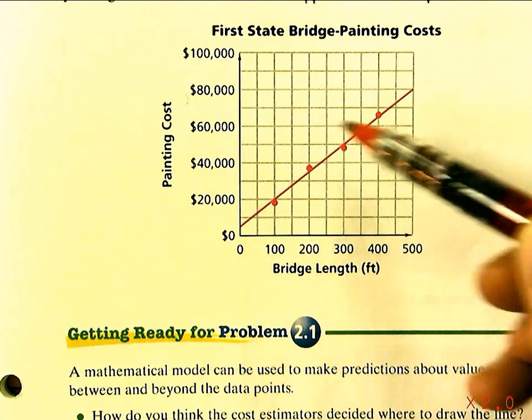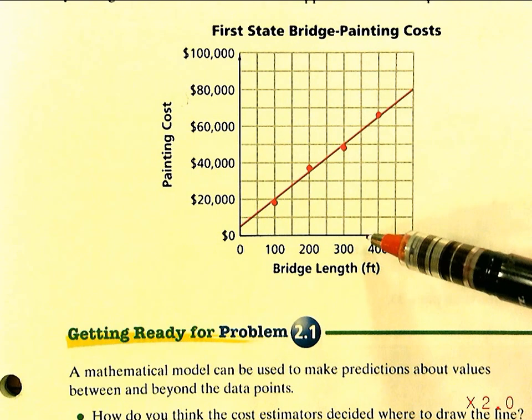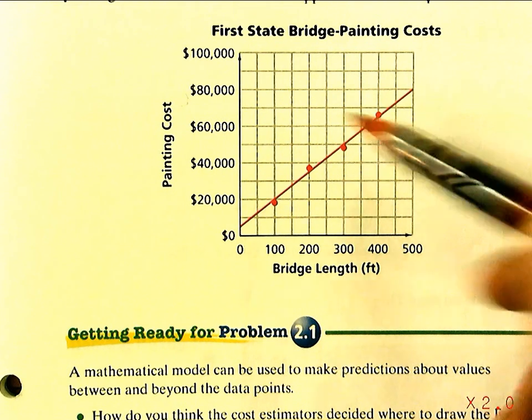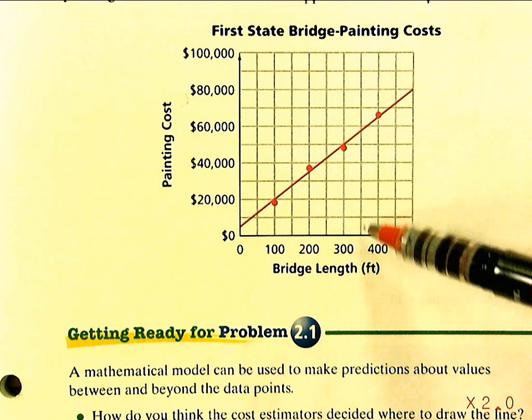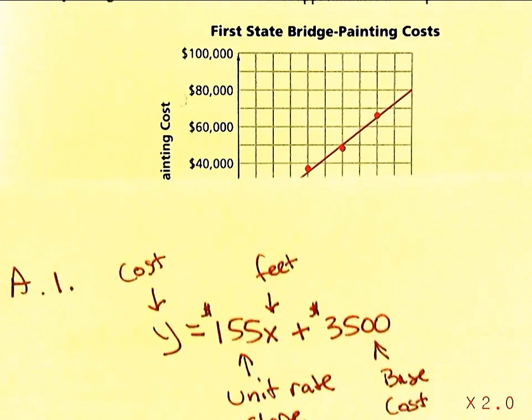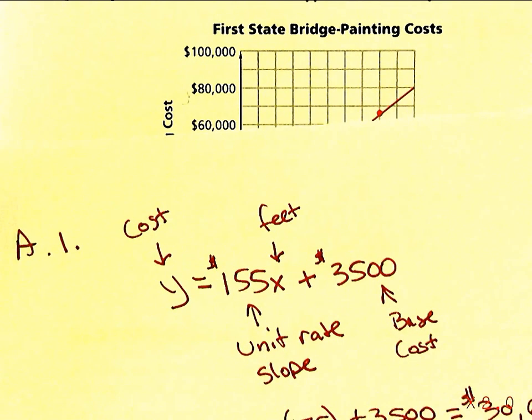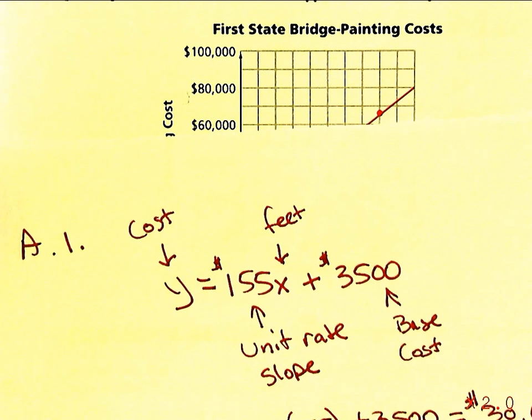So I could have gone to the graph and found about the same estimate, and it works. So our equation works, our graph works. These are different models. This model using the graph is helpful, and this model using the equation is very helpful. They represent the same things, both very helpful ways of finding answers.